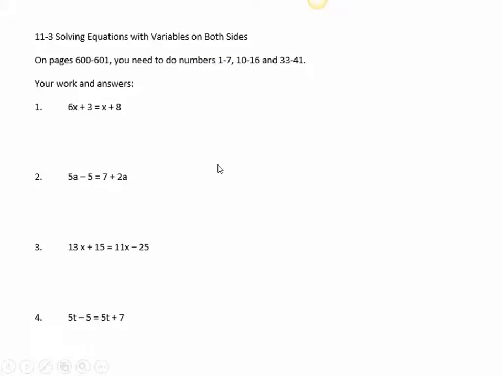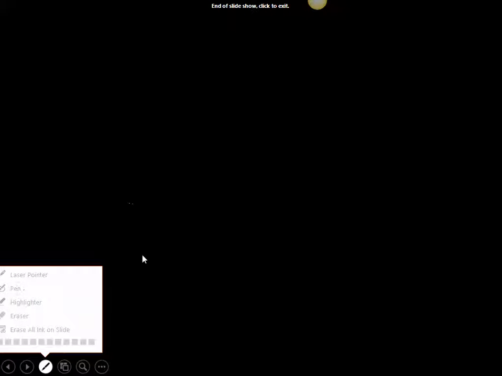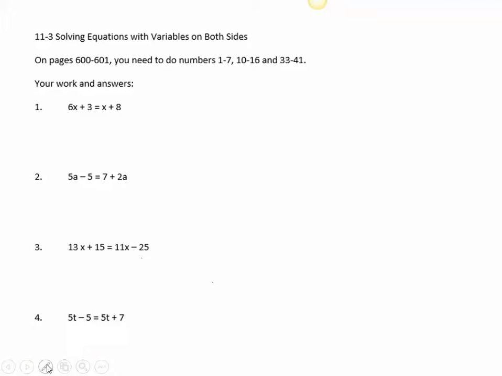Okay, on the 11.3 worksheet, here's a few problems that have variables on both sides. And I want to start with number 4 to go over what we just talked about. There's a 5t on the left side, there's a 5t on the right side. There's no distributive property, there's no like term, so my first step would be to try to get these together.